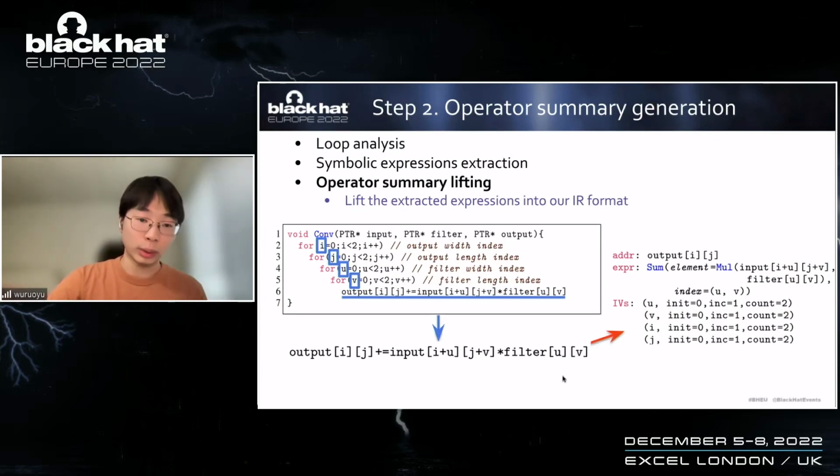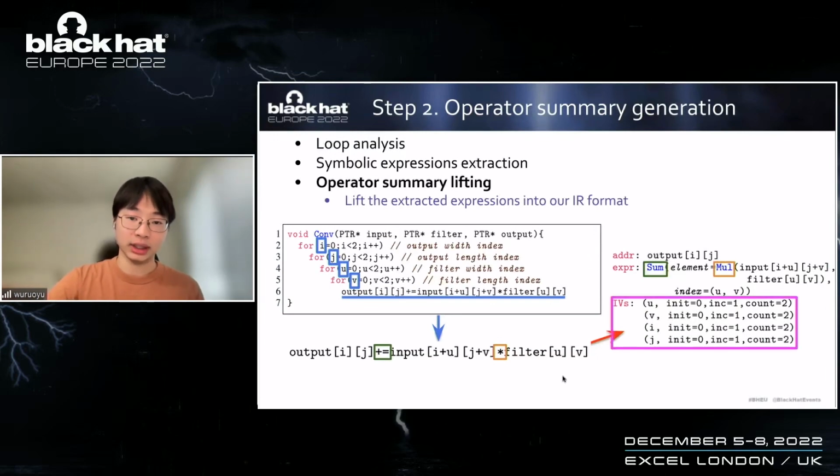We represent the plus equal on the left with the summation function we define in our IR on the right, and replace the multiplication with the multiplication function. We also attach the induction variable information, indicating the possible values of each loop index. For example, for the variable u, its possible range is from 0 to 1, with increment as 1.